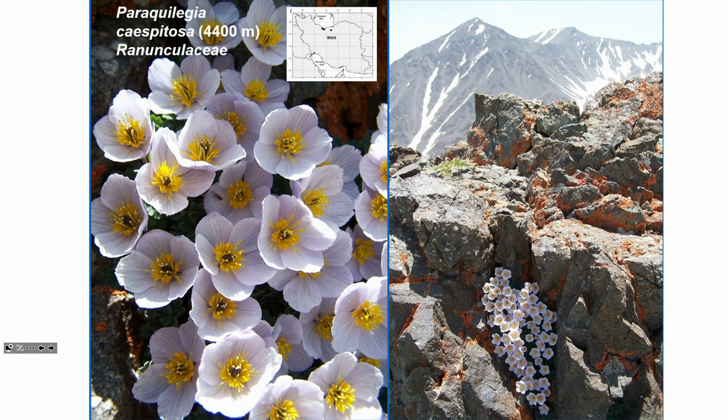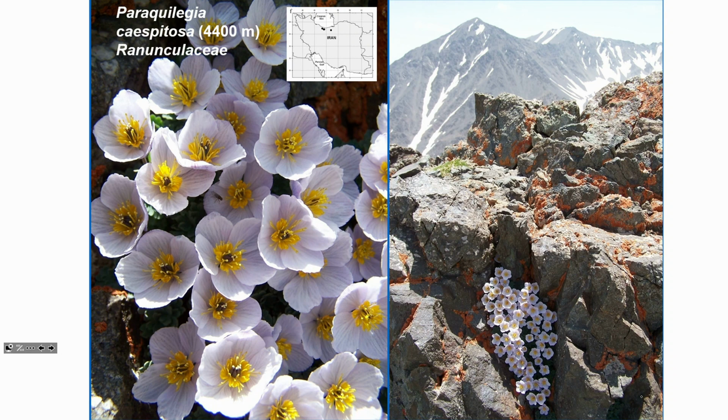Another very beautiful rocky species is Paraquilegia cespitosa. I have seen it only once. It is a very rare species, and very difficult to take photo. It was not easy to take photo of this. I would love to see it again.